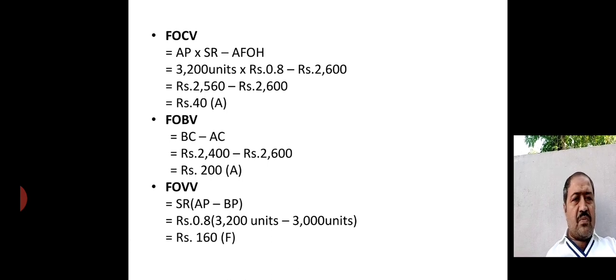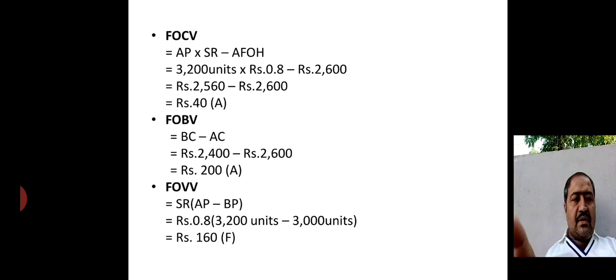So these 3 formulas are very simple, and you can observe here 40 adverse first, then 200 adverse, and 160 favorable. So 200 adverse and 160 favorable, so overall 40 adverse.